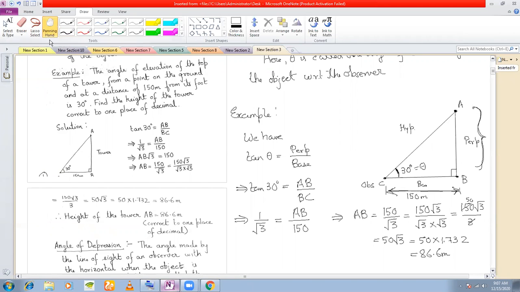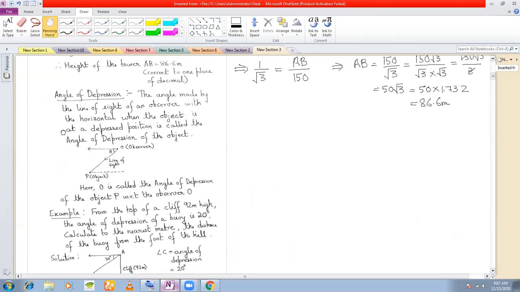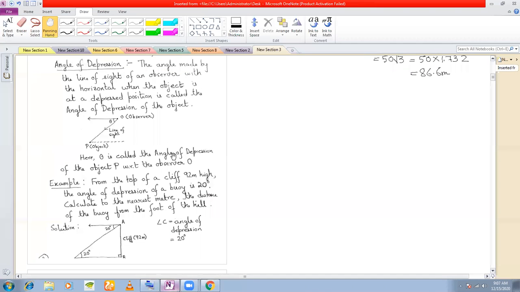Next, what we define here is called the angle of depression. Now, what is angle of depression? In case of angle of elevation, we had an object at an elevated position. This time the object, instead of being at a higher position or an elevated position, is at a depressed position, at a position below the observer.